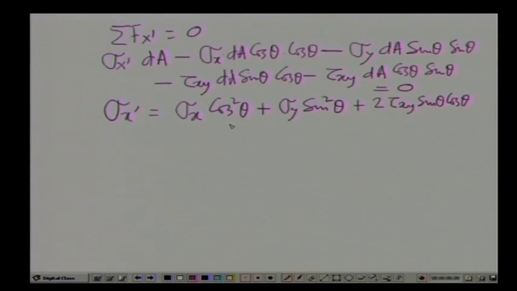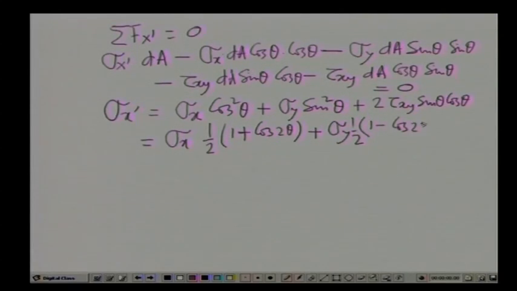Writing cos square theta and sin square theta in terms of cos 2 theta, you can write this as sigma x times half of 1 plus cos 2 theta plus sigma y times half of 1 minus cos 2 theta.